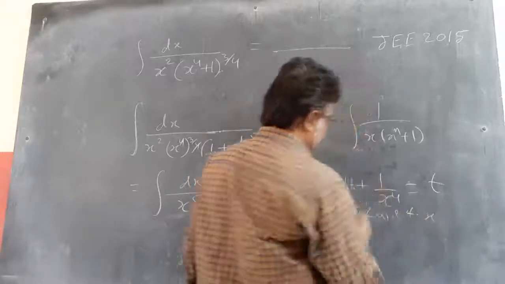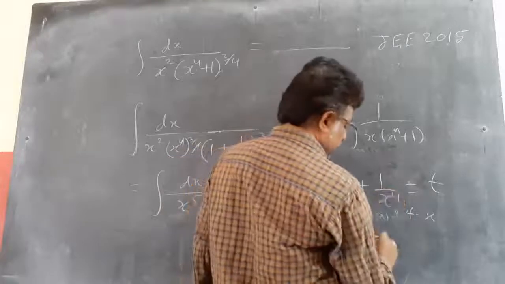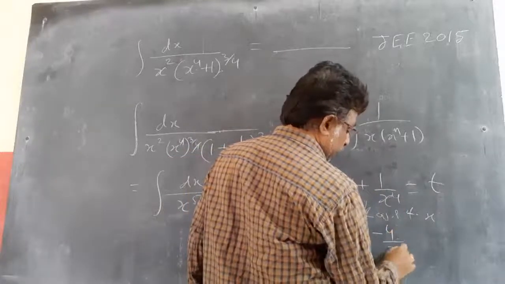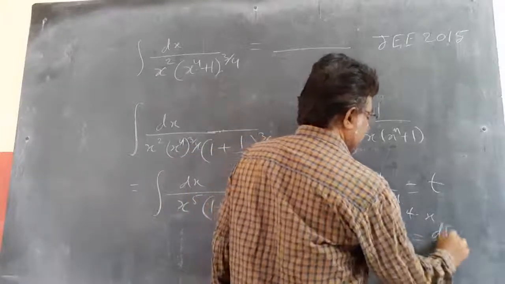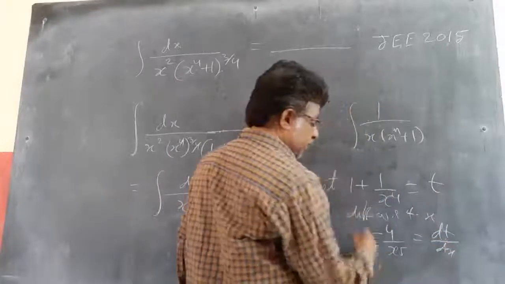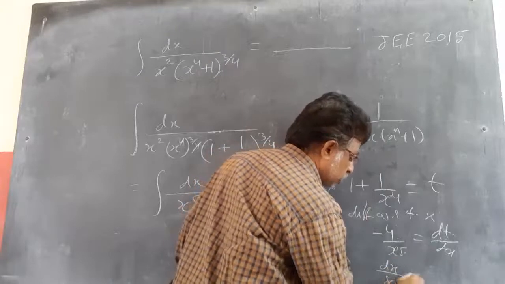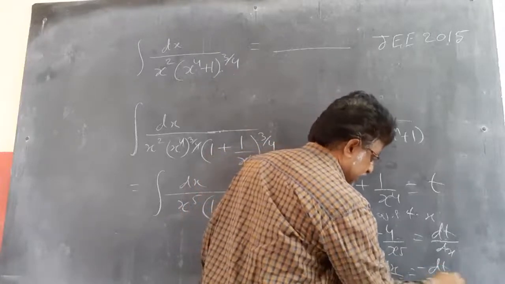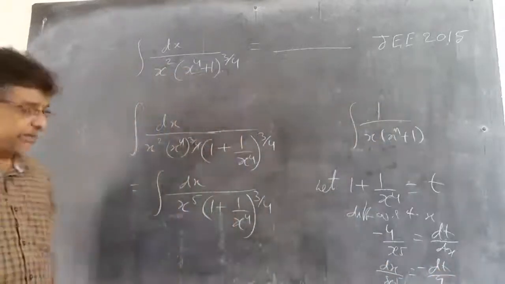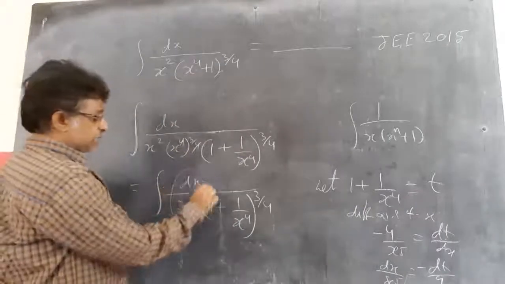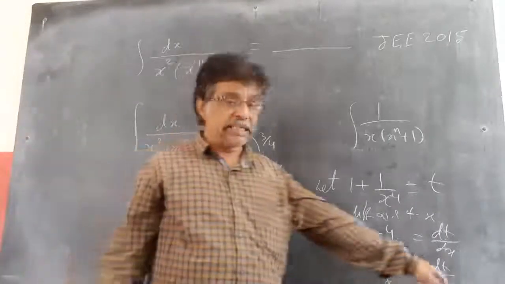What happens? Derivative of 1 is 0, and 1 by x power 4 gives minus 4 by x power 5, equal to dt by dx. Now dx this side, minus 4 to that side, becomes dx by x power 5 equal to minus dt by 4. So in place of dx by x power 5, I can write minus dt by 4.